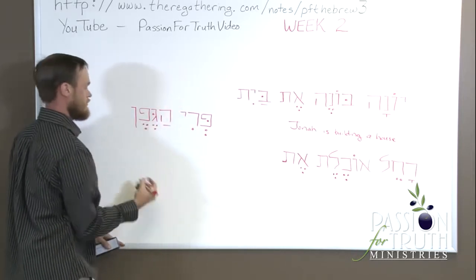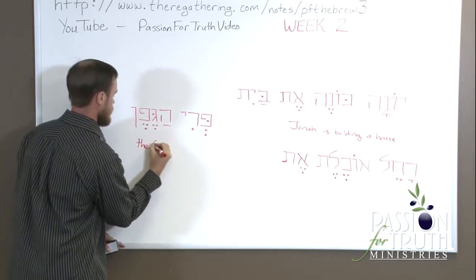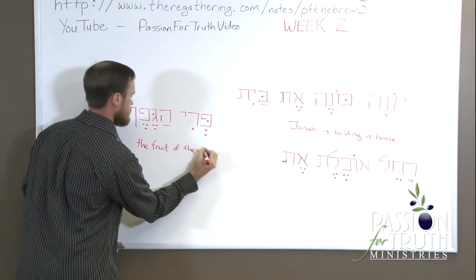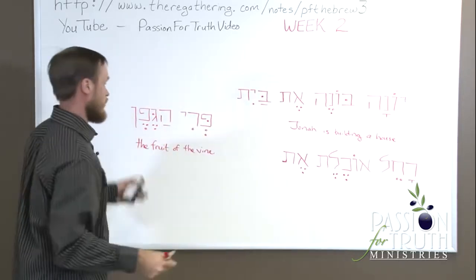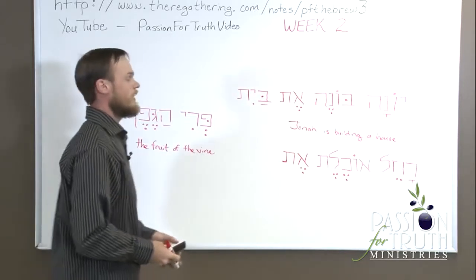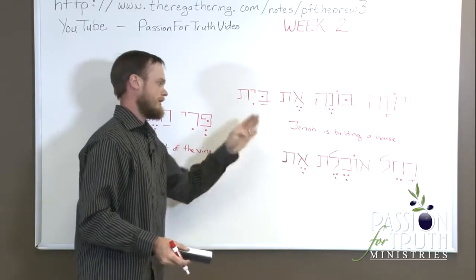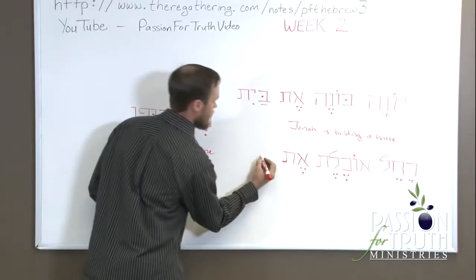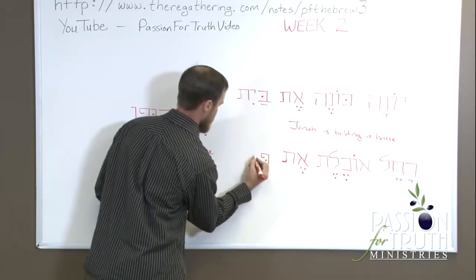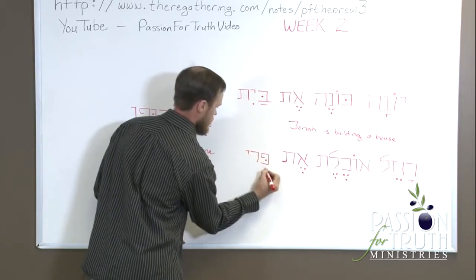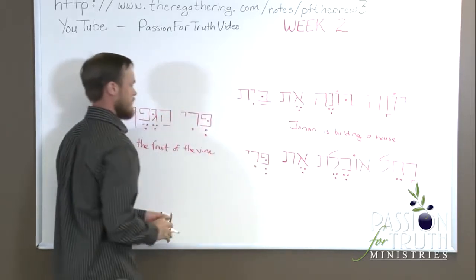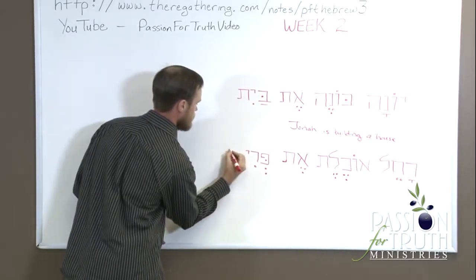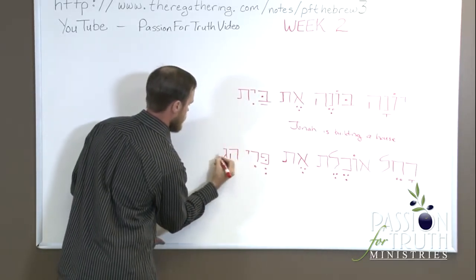Okay, so pri ha-gefen is the fruit of the vine. Right, so if Rachel is eating the fruit of the vine, Rachel ochelet et pri ha-gefen. Okay, so kind of combining these different grammatical ideas into a single unit.